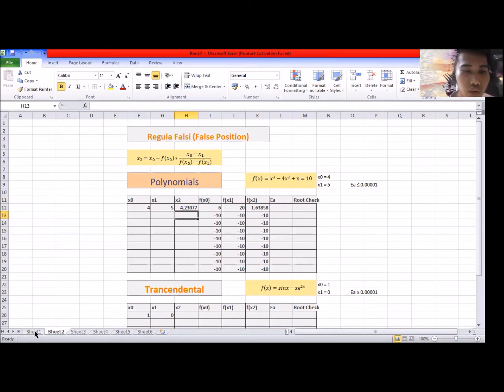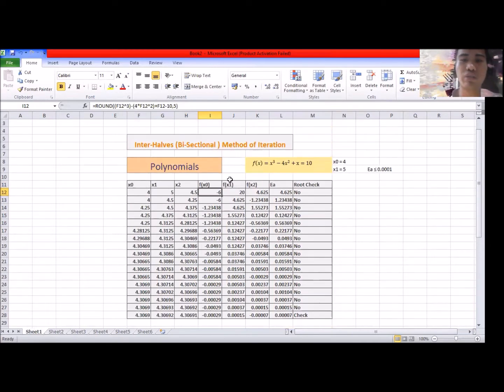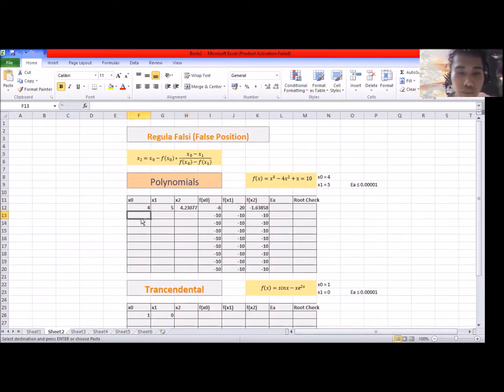So like the bisection method, we have to rewrite: if the function of x is equal to 0 or equal to a negative sign, we have to rewrite the x of 2. But if not, then rewrite the previous value.